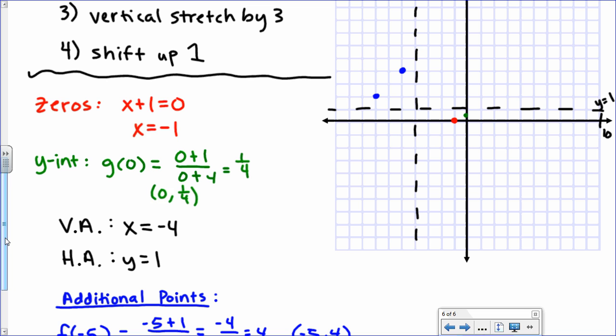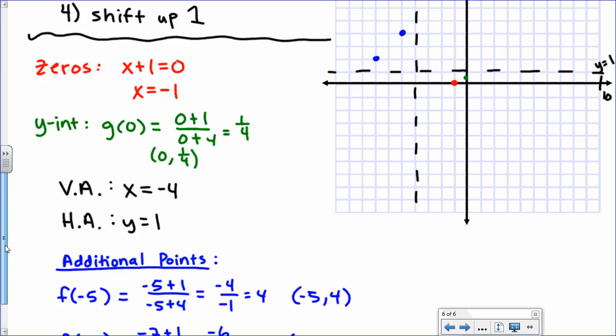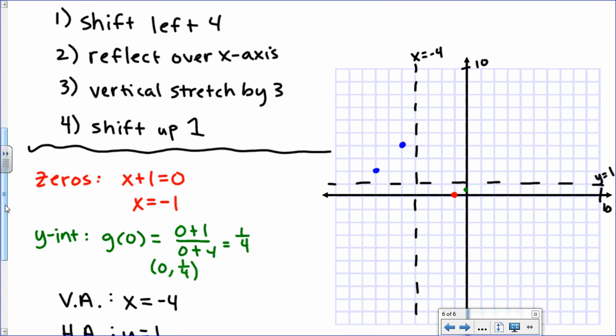Okay, so I'm going to sketch the graph in now. Use your asymptotes to help you as well. If you have no clue what these are looking like, use the graphing calculator to help you.